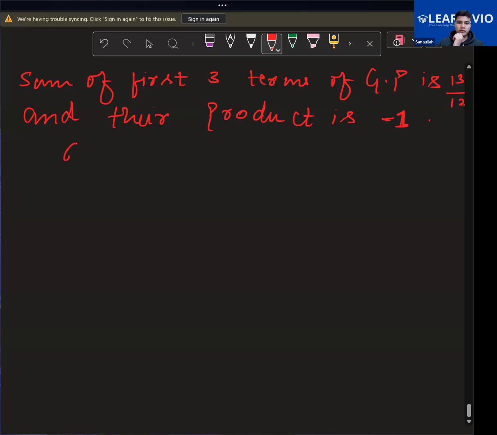We have to find the common ratio and the first three terms. Okay, sir. See how we are going to solve this.